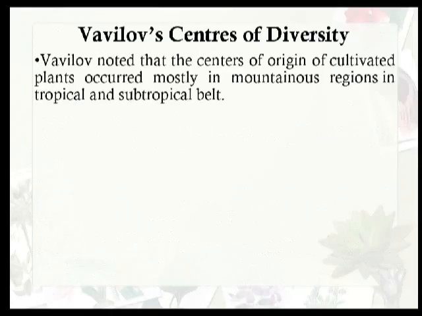So what Vavilov noted was that in most of these centers of origin, there were some common factors. One common factor was mountainous regions in subtropical and tropical belts. Most of these areas occurred in the mountainous regions of the tropics and subtropics.